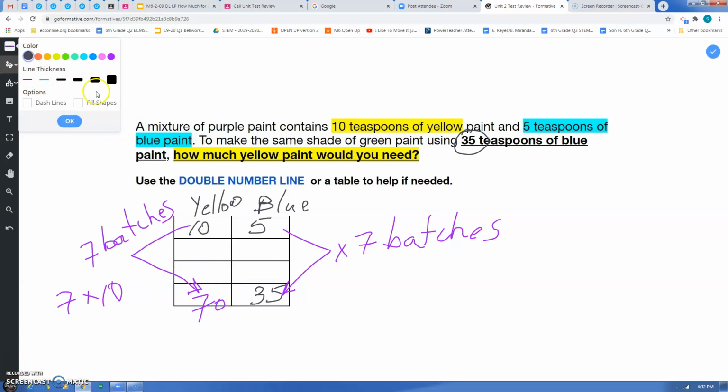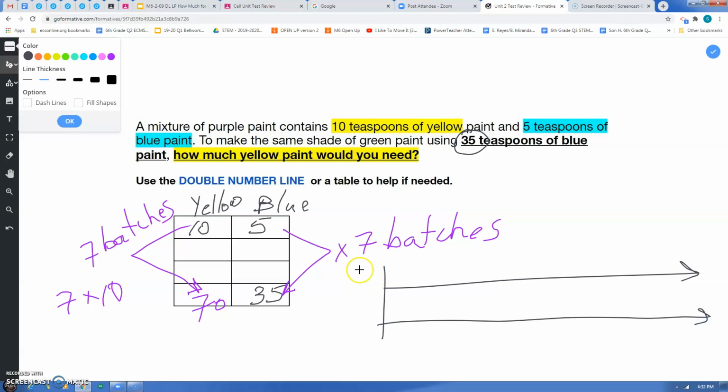If I do a double number line, all right, so yellow, blue, so 0, 0, but for every 10 yellow, there's 5 blue, and then I continue 20, 30, 40, 50, 60, 70, and then if I continue the pattern, writing out the numbers, 5, 10, 15, 20, 25, 30, 35.